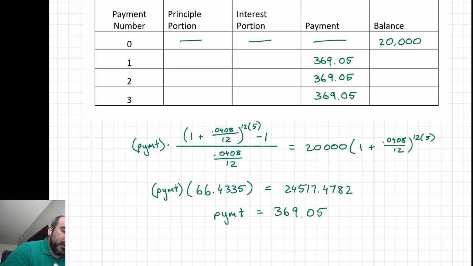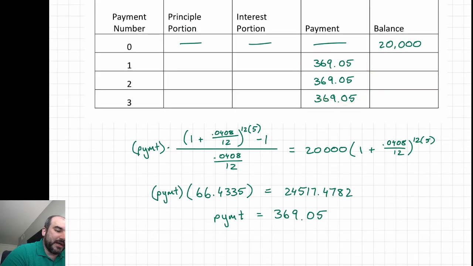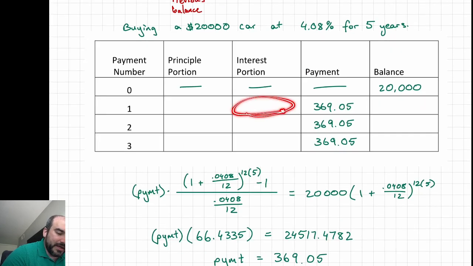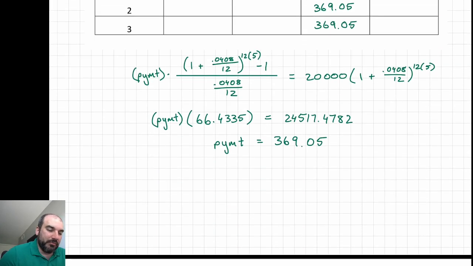Once we have our monthly payments, now we can start calculating the interest for each of these months. But in order to do so, we're going to need the previous balance to calculate the interest for the current month.